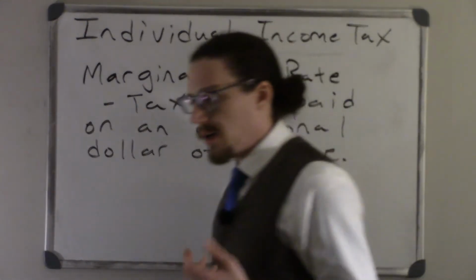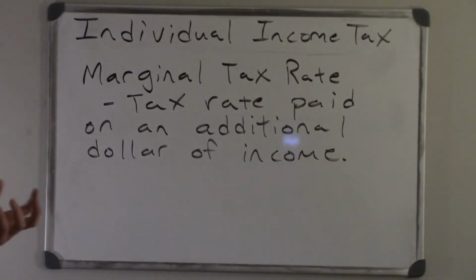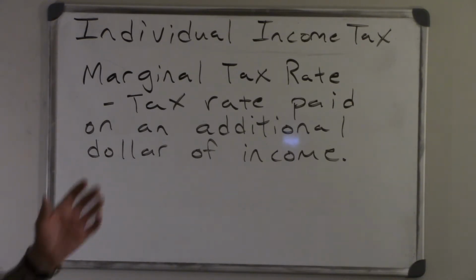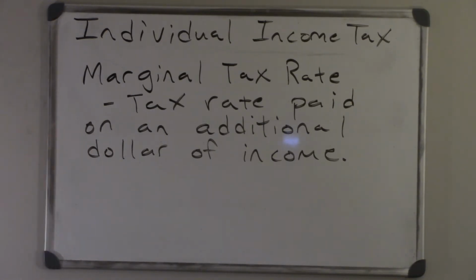As you're going to see in a little bit, I'm going to put up some of the tax brackets. Also, I'm going to post a PDF or something with these tax brackets in there. The way that your income tax is going to be calculated is you have a tax rate for these different ranges of income, and you pay that percentage of tax on that range of income.